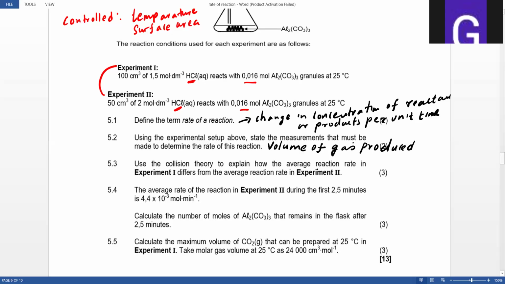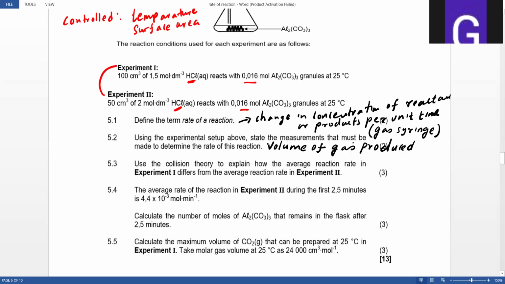State the measurements that must be made to determine the rate using the experimental setup. It means here, by measuring the volume of gas produced, we need to use the gas syringe, which is used to measure the volume of the gas produced.